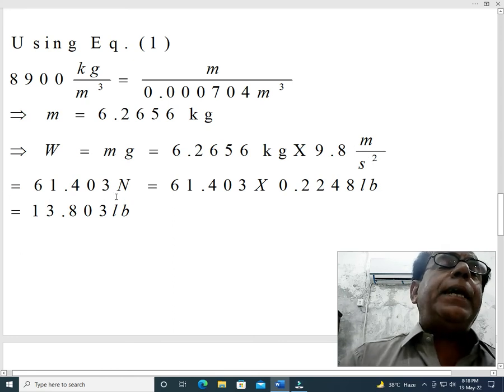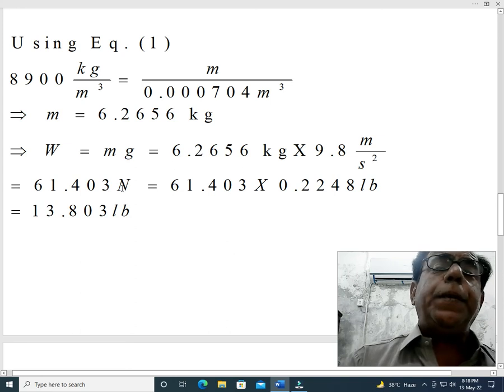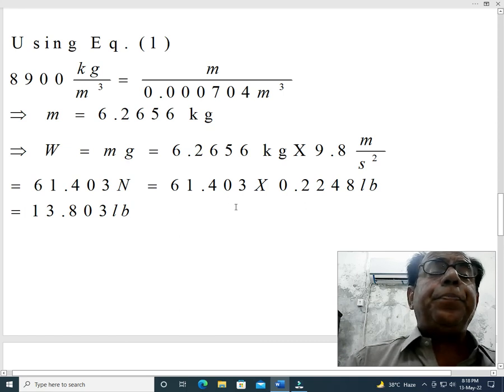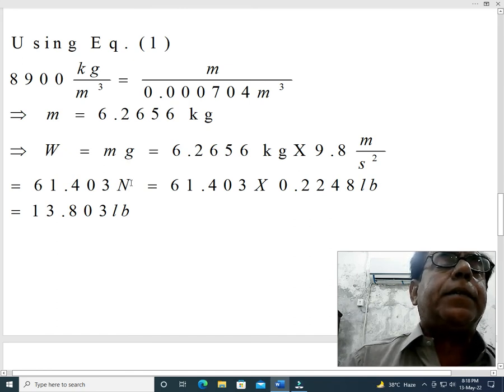So here it has become Newton. Okay, in the next step we have converted Newton into pound. So this weight W, which was equal to 61.403 Newton, to this extent our problem is 100% complete.